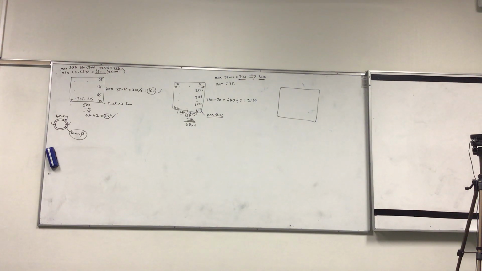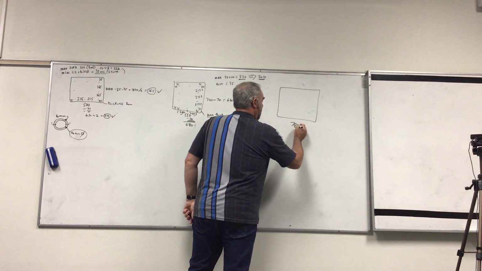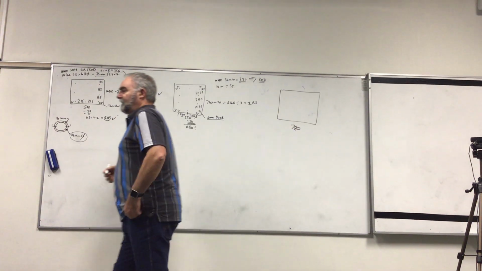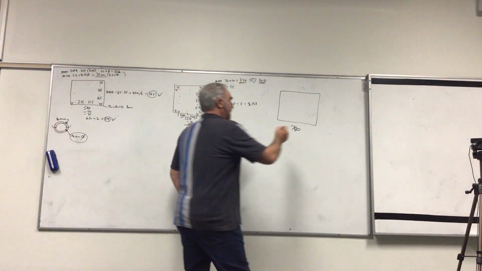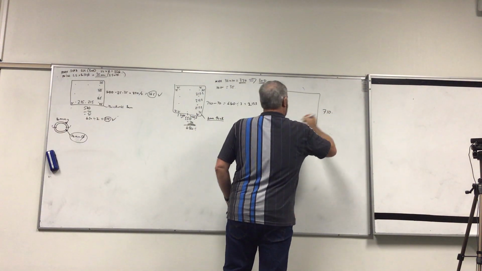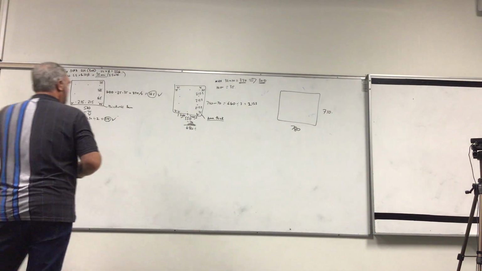Okay, so the last one here is a bit different. The last one's got 780 down the bottom. On the right hand side it's got 710. There's 4 again, but only 3 across.